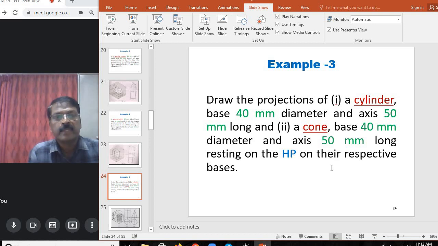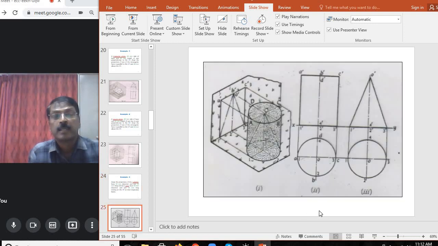So for this we have to draw the front view and the top view. For the first one the object is considered a cylinder.